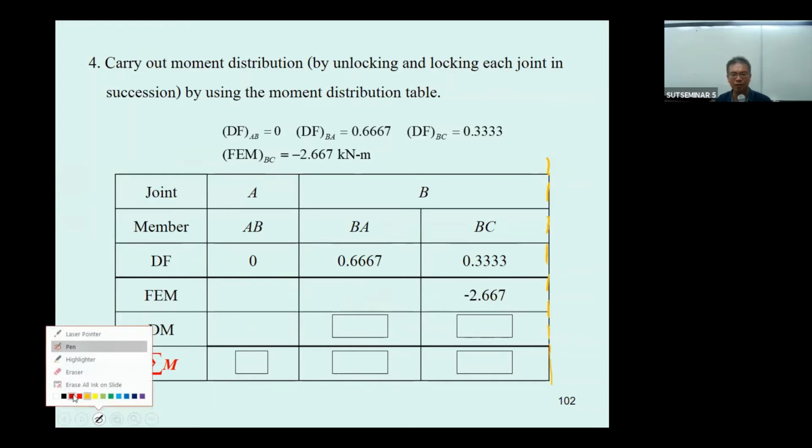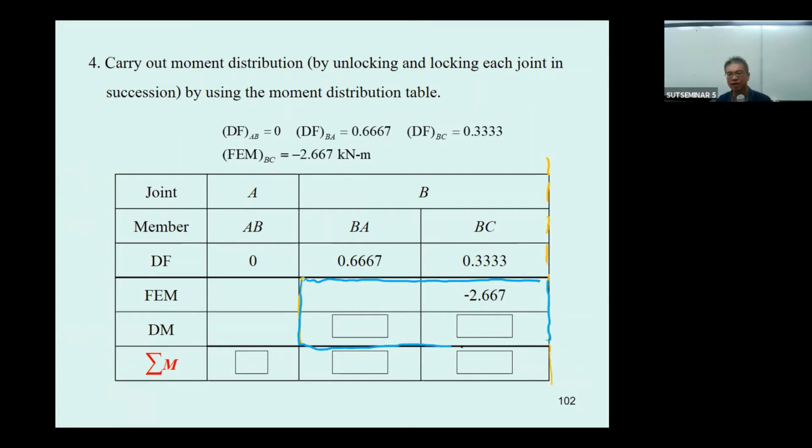And if we consider the equilibrium of this joint B, okay, we require positive 2.667, and this positive 2.667 comes from multiplying by 0.3333.